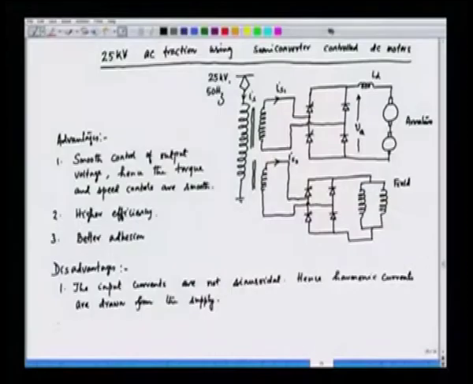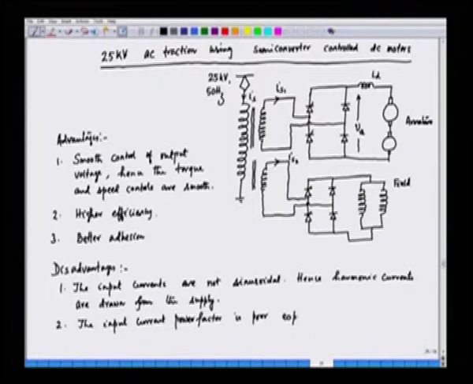So, in this case, the second disadvantage is the input current power factor is poor, especially at lower speed. That is, at high value of alpha. Alpha is the triggering delay.